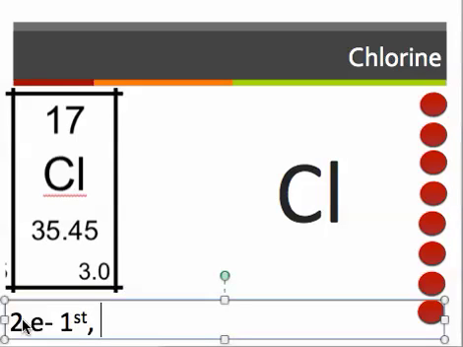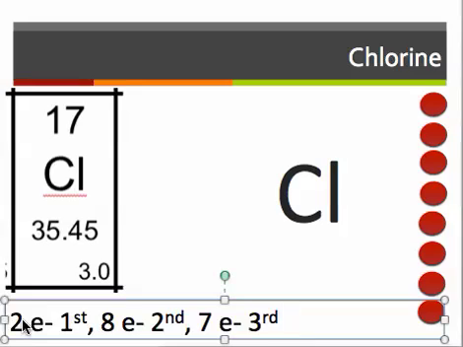Then there are going to be 8 electrons that go into the second shell. And so then that is a total of 10 electrons, leaving 7 electrons to go into the third shell. And so what we've just determined mathematically is that there are 7 valence electrons.